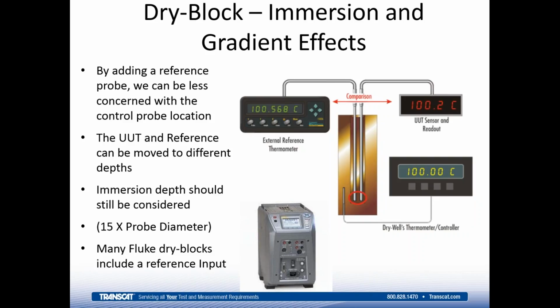That's true even if you push it all the way to the bottom, or if you had to raise it up a bit to match the location of your probe. That would be a way of improving the accuracy, even though you're not able to be fully immersed all the way to the bottom. The other thing this does is that when I use an external reference thermometer, my uncertainties improve significantly. I'll show you more about that towards the end of the presentation when we start talking about calculating uncertainties.